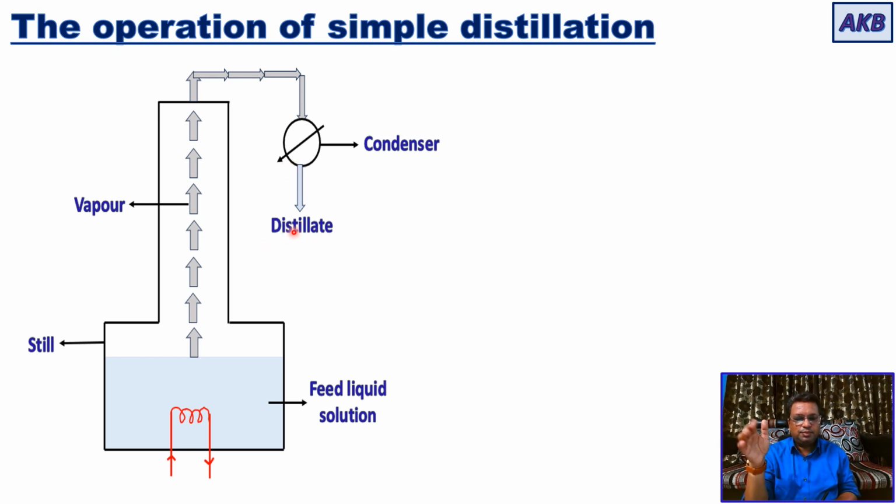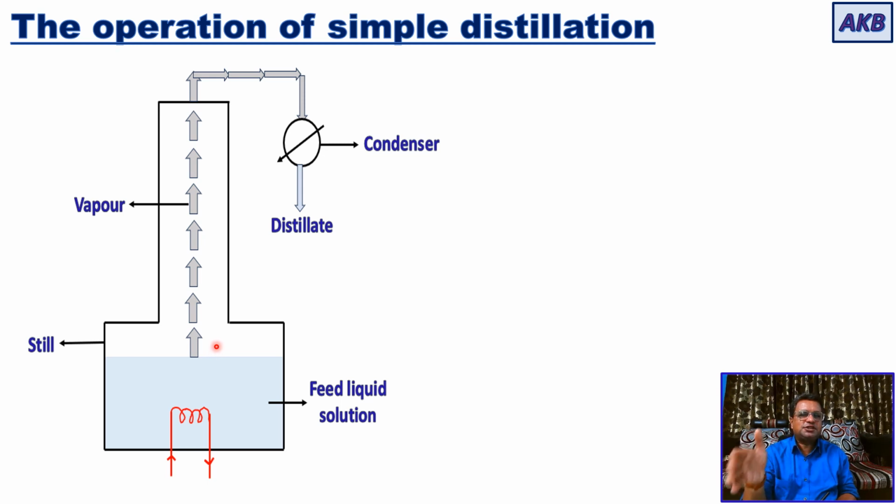This is continuously happening, and this will be continued till you get the desired composition in the distillate. Then we have also understood why it is called differential distillation, because it is a combination of infinite number of successive flash distillation steps.